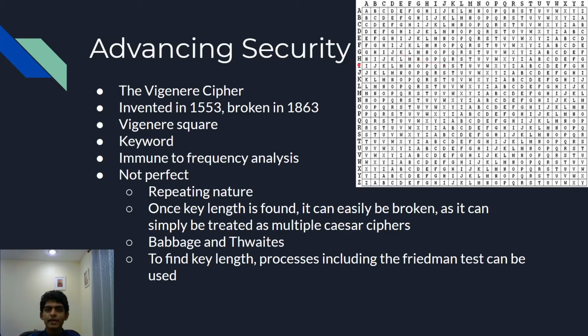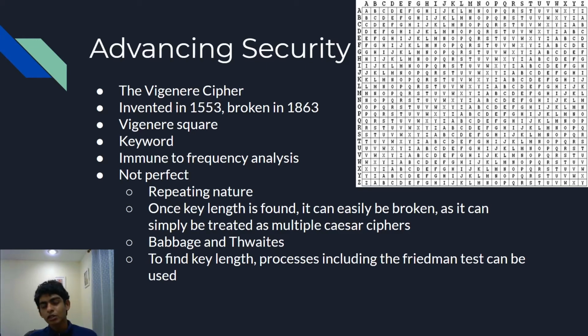Say I knew that my key is just 2 letters long, which is pretty short for a key. For that short key, I know that the first letter of the message, H, the third letter, L, and the last letter, O, are all encrypted using the same shift. And using that, you can run frequency analysis.